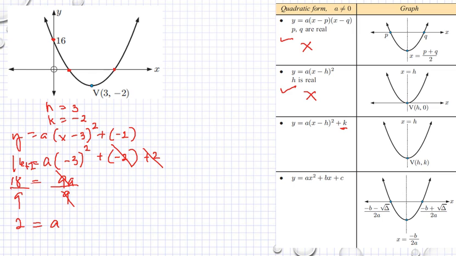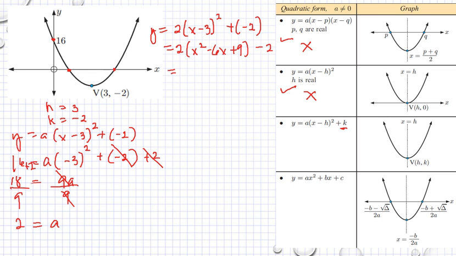So now if we substitute our a, we have 2 times (x minus 3) squared plus -2. If we expand (x minus 3) squared, then we have x squared minus 6x plus 9 minus 2.